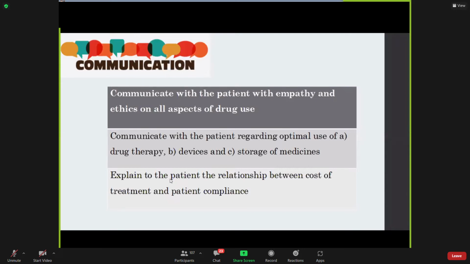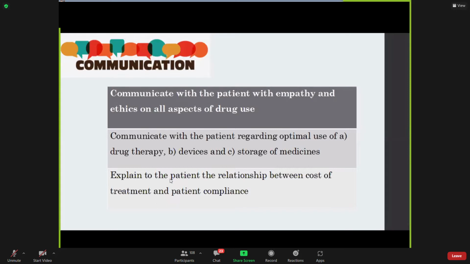So you must have seen as to whenever you would be visiting a clinic, a doctor tries to understand as to what you're facing, what is your current problem, how to overcome it. He or she should not be a robot.